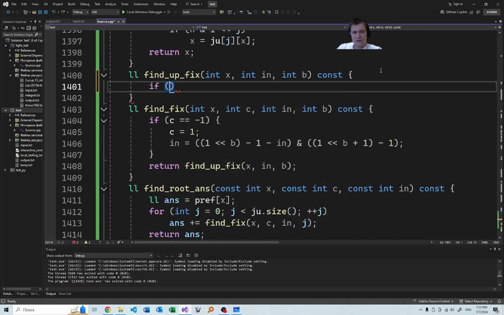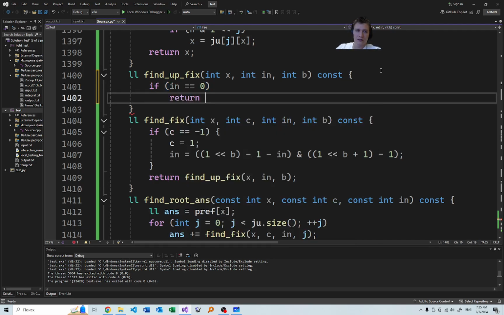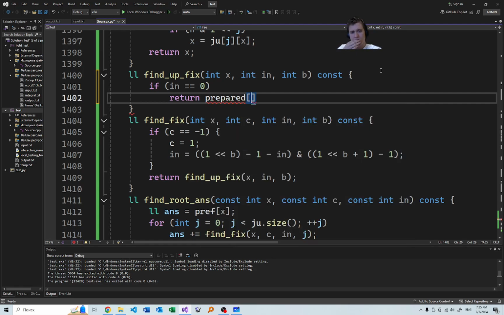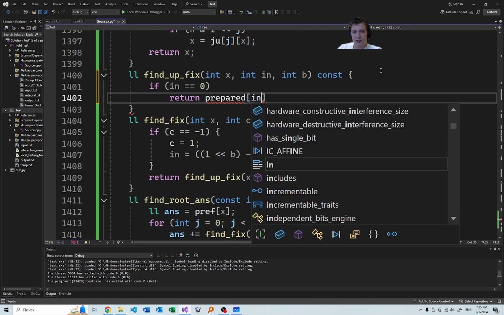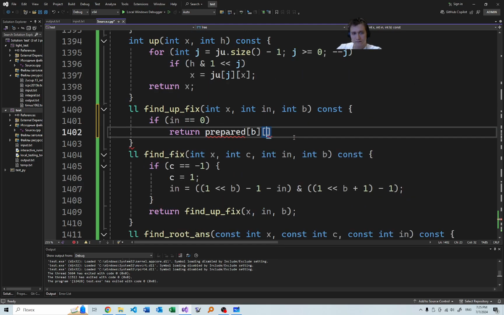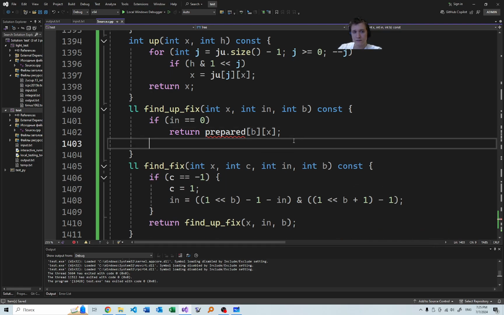Basically, if initial is 0, then I can return prepared for b and x. So I have just a prepared answer.